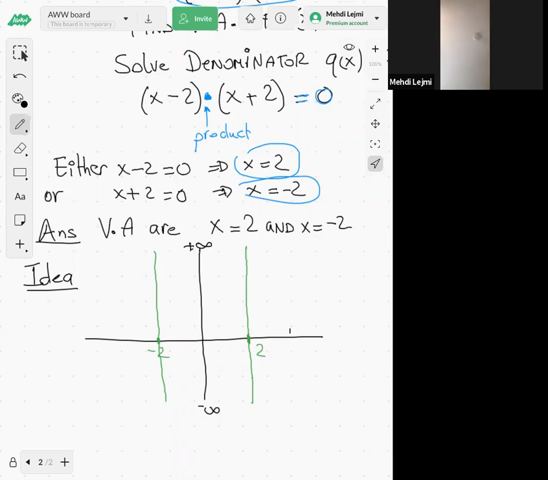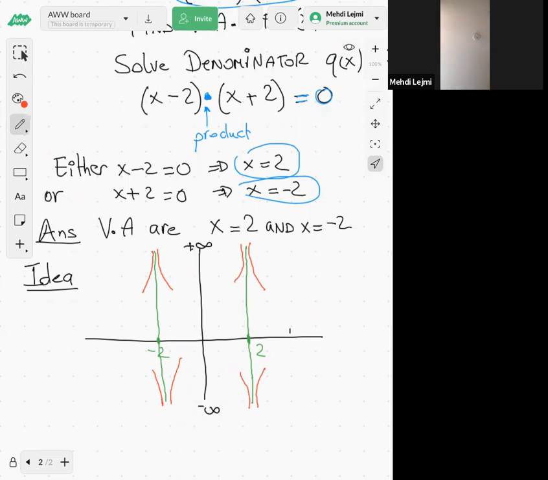All right, and again, the graph is going to be as close as I want to my vertical asymptote, but never touch the vertical asymptote, right? So we're gonna have something which looks like this here. Okay. Any question about the vertical asymptote, guys?